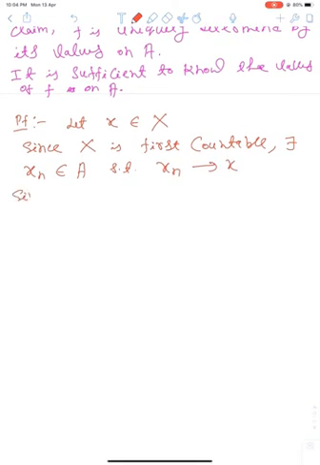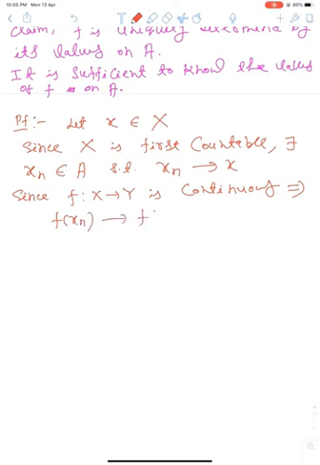Now since the function f from X to Y is continuous, that implies f of xn converges to f of x, right?